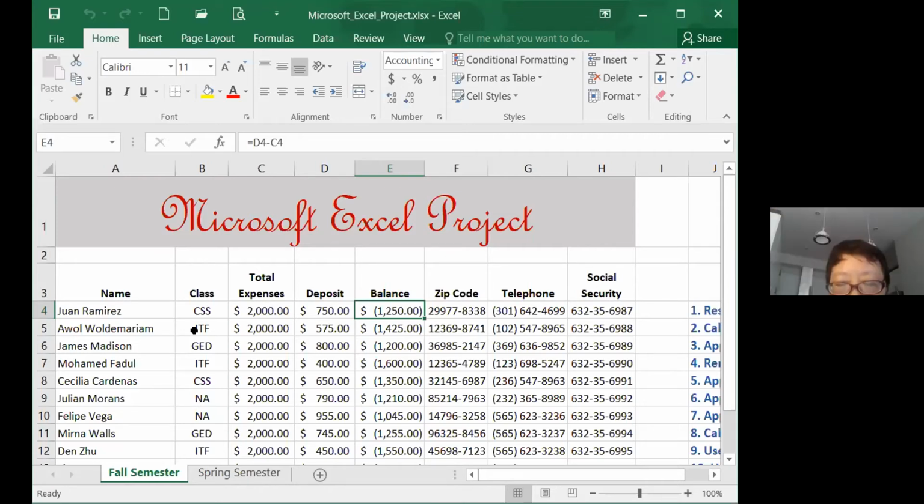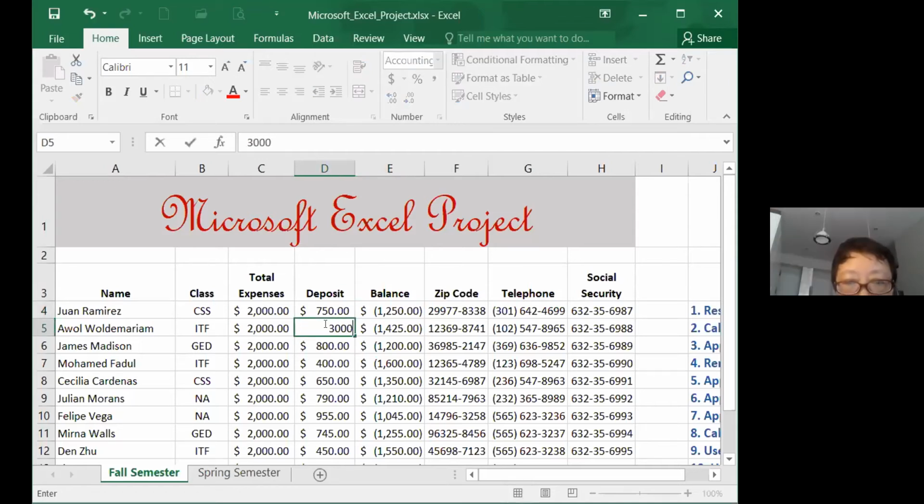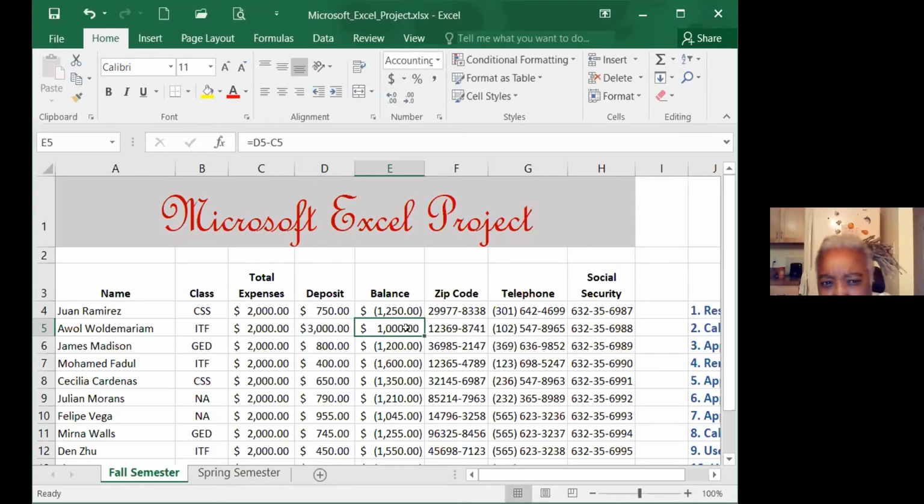Yeah. So let me change this one. If I deposit 3,000 and this one's 1,000. So this is different, right? This is the money I owe. No, but you have it set up wrong already. You have the formula set up wrong.